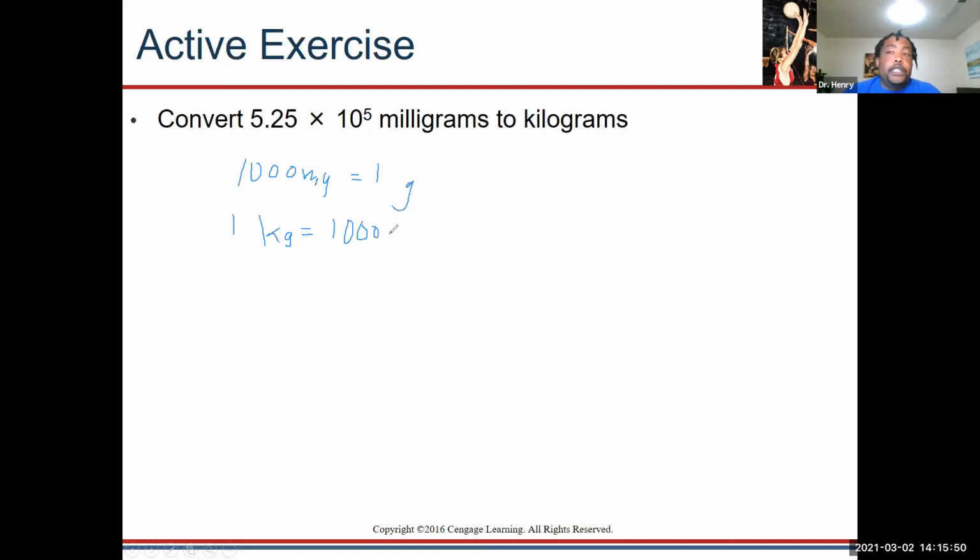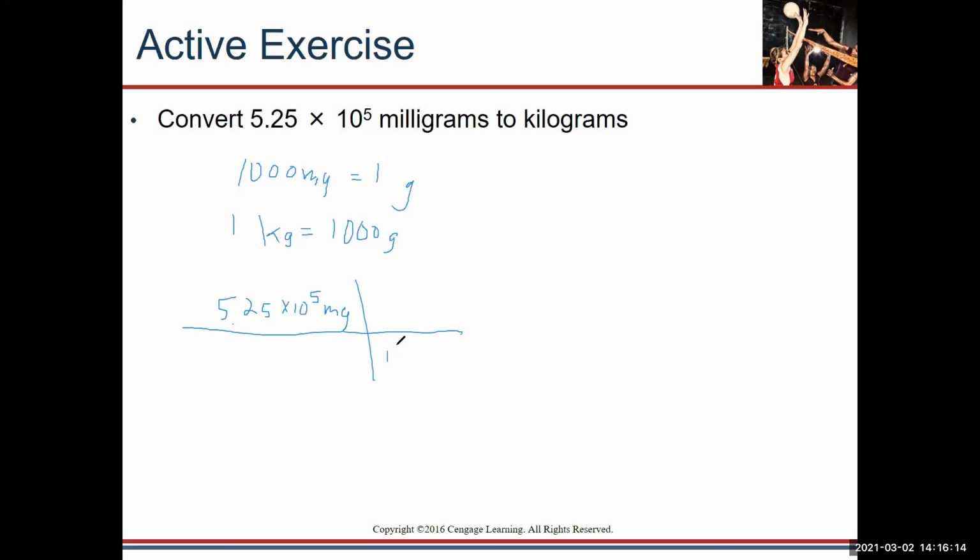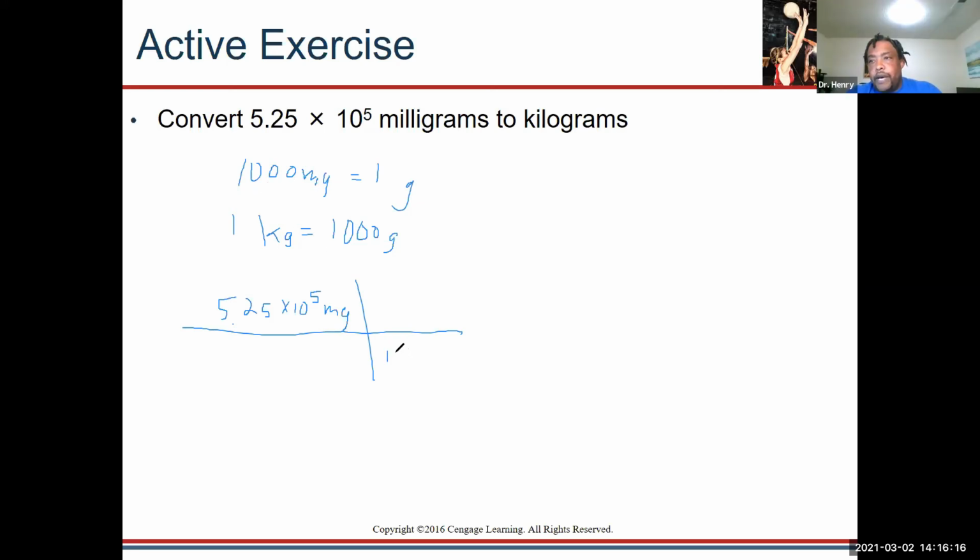So I can use both of these equivalencies to get to where I want to be. So 5.25 times 10 to the minus 5 milligrams. If I want to get rid of milligrams, am I going to put milligrams on the bottom or on the top? The bottom. So I put my 1,000 milligrams on the bottom.